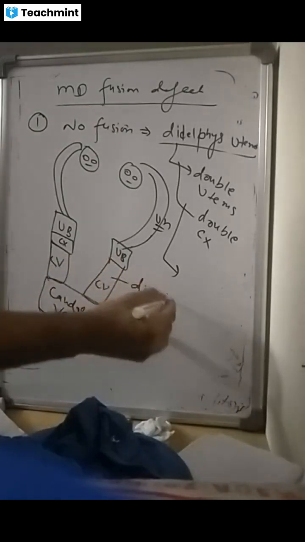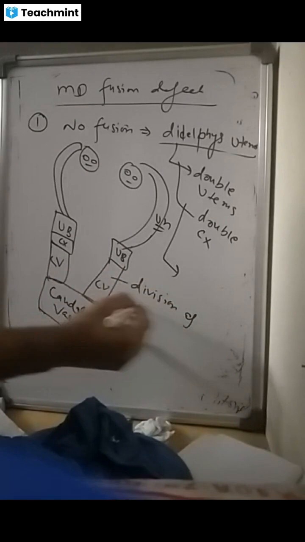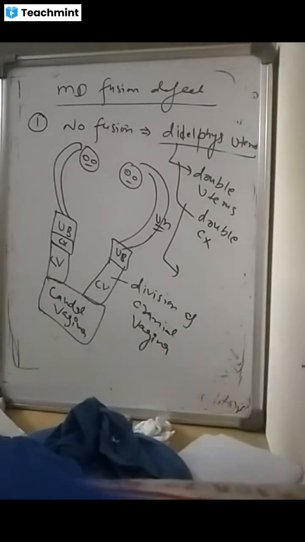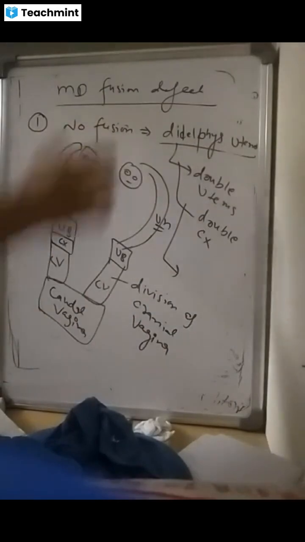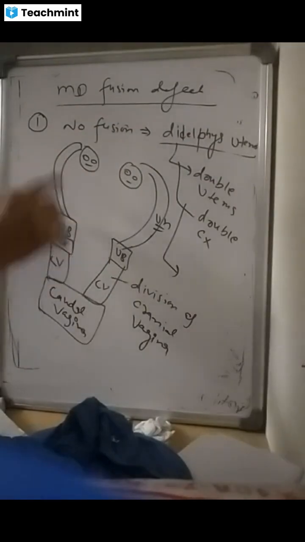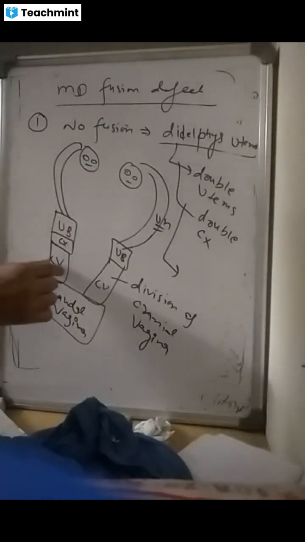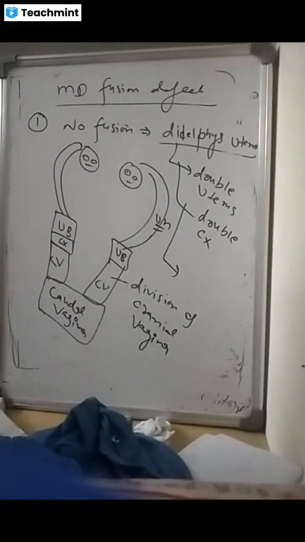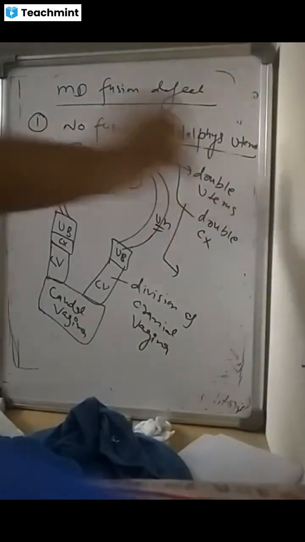There is division of the vagina. So in uterus didelphys, there is no fusion of these two ducts. They develop separately the uterine horn, body, cervix, cranial vagina, which open into the caudal vagina.